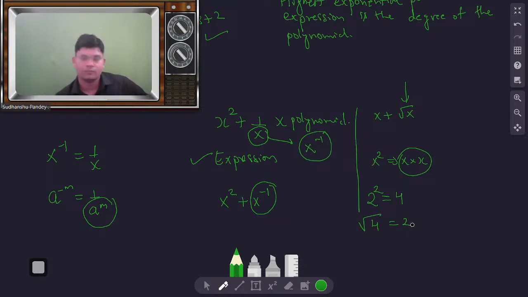I've learned this also. Wonderful. But the exponential power of the square root is written as 1 by 2. So here the exponential power of root x is 1 by 2. So that means that this is also not a polynomial. Understood?